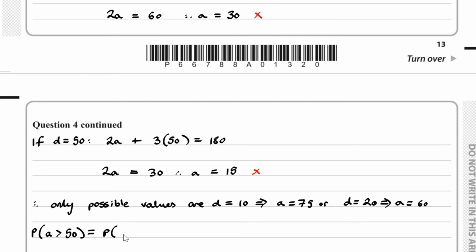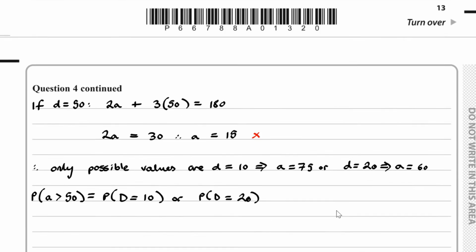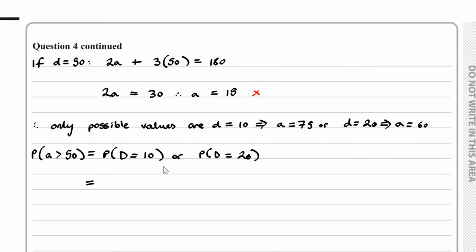So this is equal to the probability that d equals 10, or the probability that d is equal to 20. The probability that d equals 10 is k over 10, and that's from the table. So here we have k over 10 plus k over 20, the probability that d equals 20.